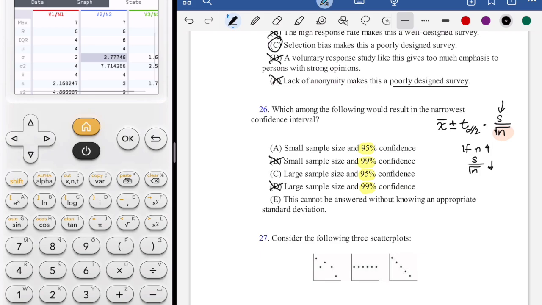And this is our standard error. If the standard error is smaller, then the margin of error is going to be smaller. All right. The plus minus part of the confidence interval is what dictates how wide the interval is. So if your standard error decreases, right?